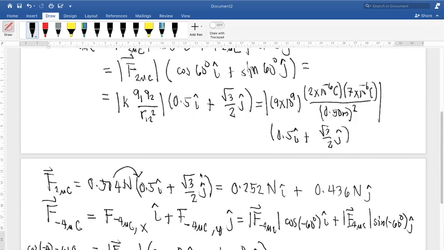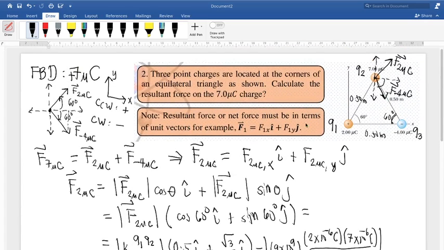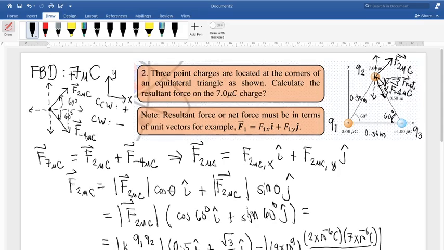So this is the net force sa imuhang 7 microcoulomb. So meaning nagdominate ang force exerted by the negative 4 microcoulomb.